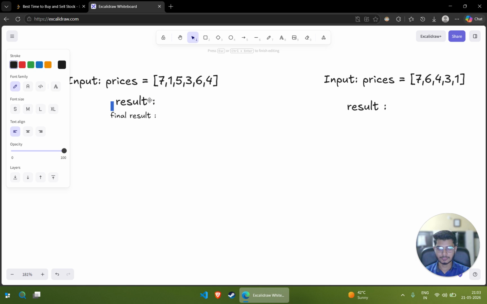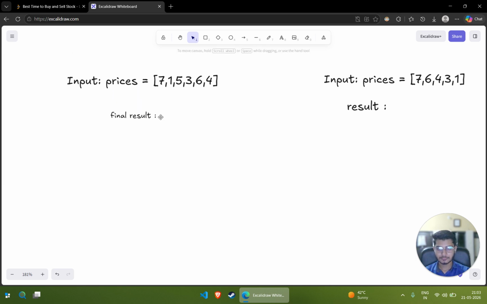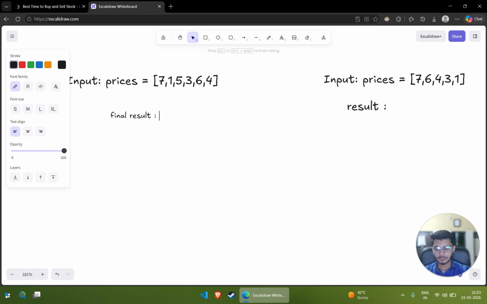If I take element 5, I can only sell at price 6. So 6 minus 5, profit is 1. So this is the main idea behind this question.